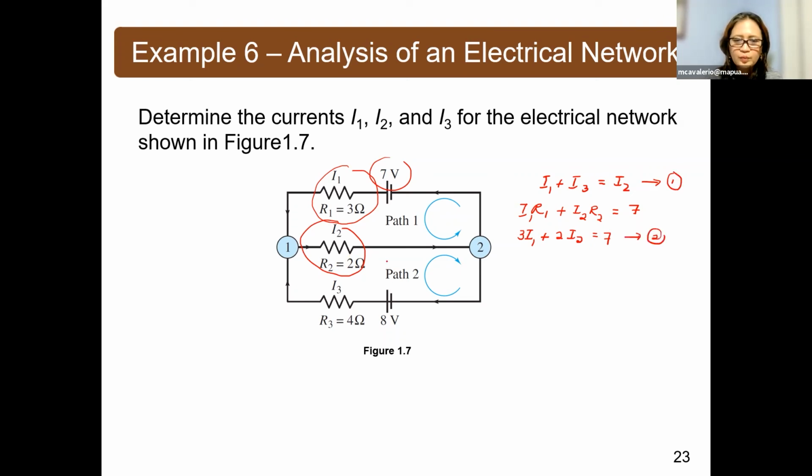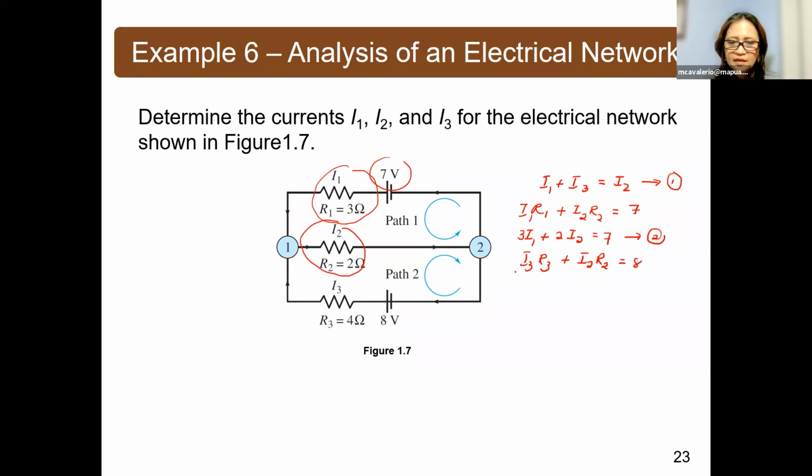Now another loop will be the second, or the lower portion. So again, we will have I3 times R3 plus I2 times R2 equivalent to 8 volts.